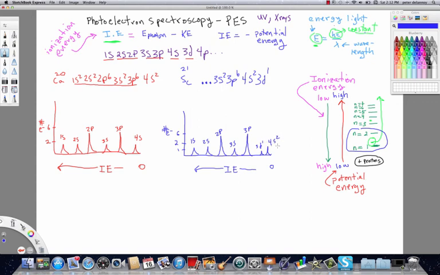So in fact, the 4s2 electrons are higher in potential energy, lower in ionization energy than the 3d1 electron. All right? Okay, now I think we're going to stop there and we're going to go to a part 3.